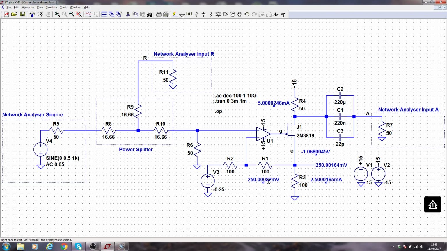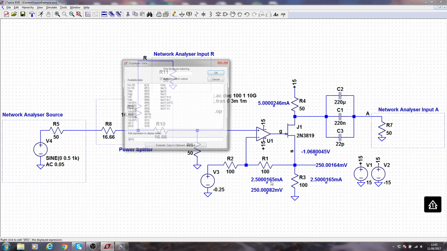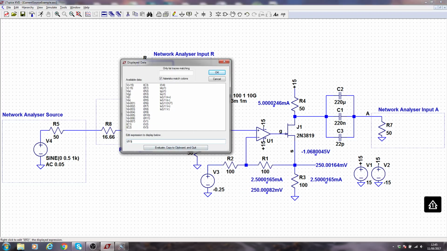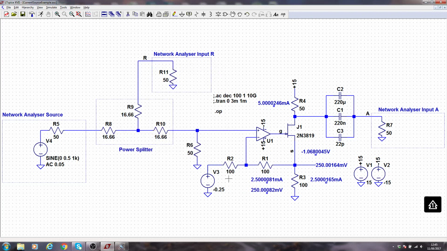So if I want the current in this pathway, I can ask for that as well. That's a bit ugly, let me move it down a bit. So we need IR1. There we go, and that tallies up quite nicely because I already measured 5 milliamps more or less in R4, and the current flows through R4, flows through J1.